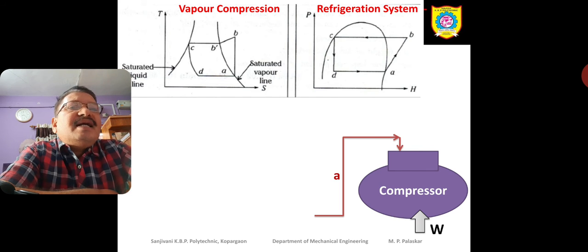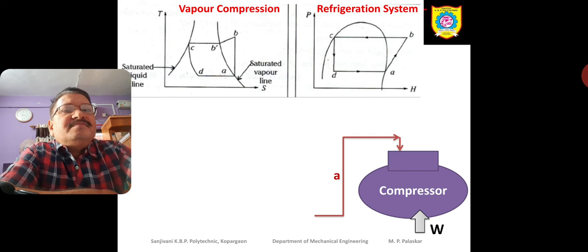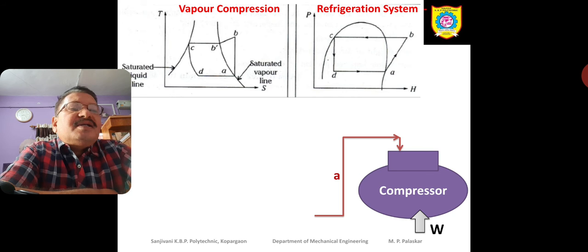In the pH diagram, the line AB is inclined. That means there is an increase in the enthalpy. Since we are supplying energy in the form of mechanical work, there is an increase in the enthalpy of the refrigerant.